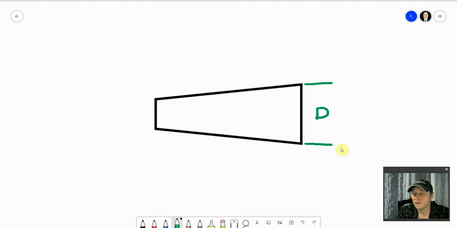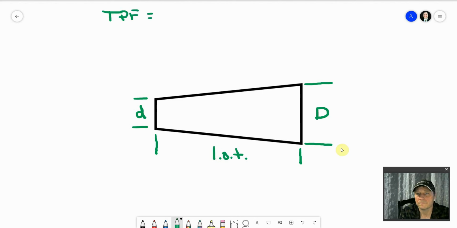You need the large diameter, you need the small diameter, and you need the length of taper. Okay, that's going to give you your taper per foot. Times 12, because it's over a foot, right?